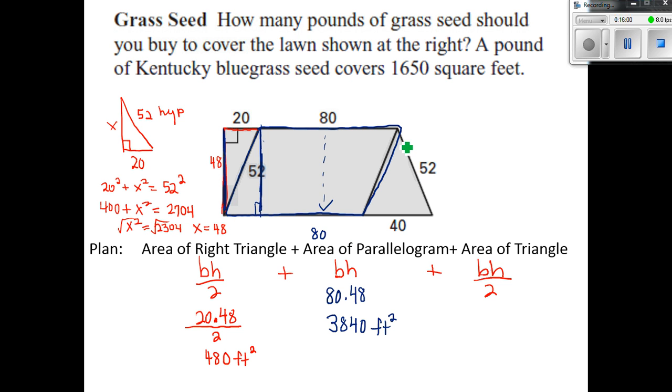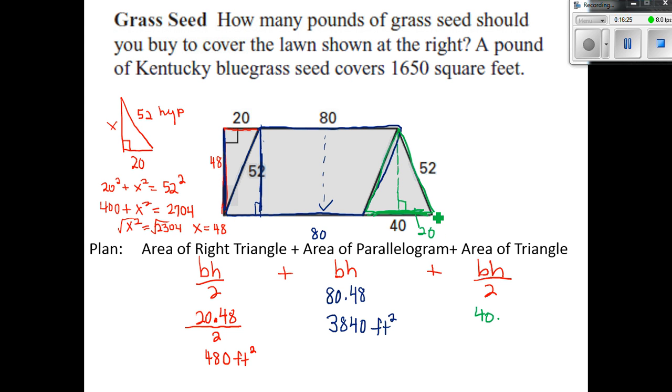Now we need the area of the other triangle. So now we're going to be looking at this triangle, okay? And the area of a triangle is base times height over 2. Well, the base looks like 40. And the height is not 52. The height is where I drop down a 90-degree angle. And I could do the Pythagorean theorem because I have a right angle now.